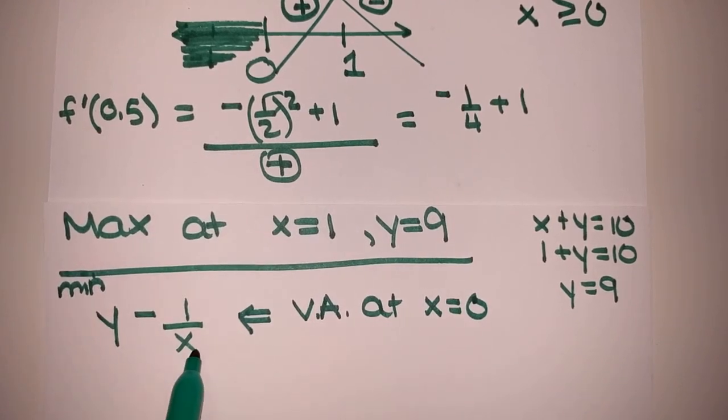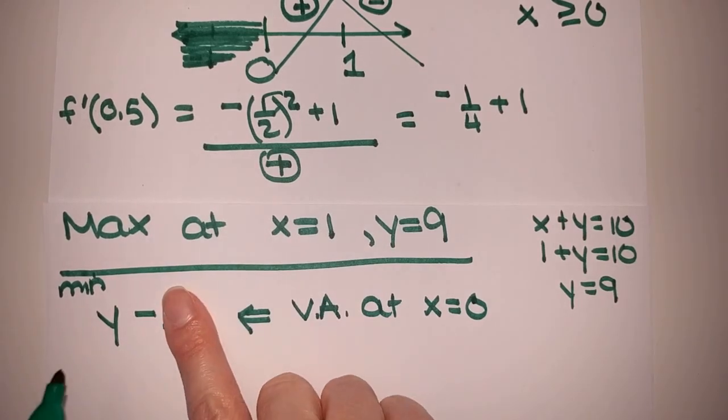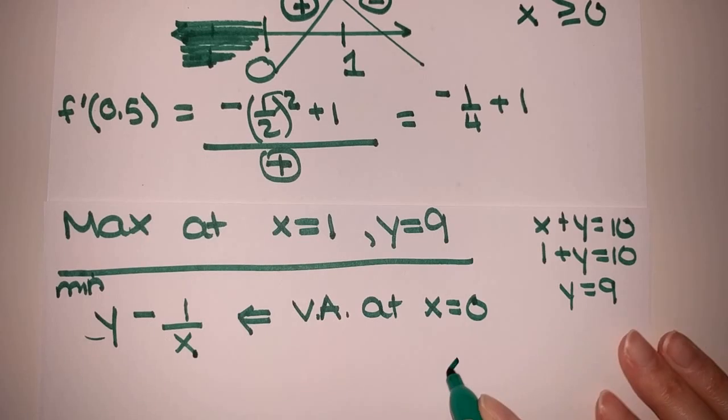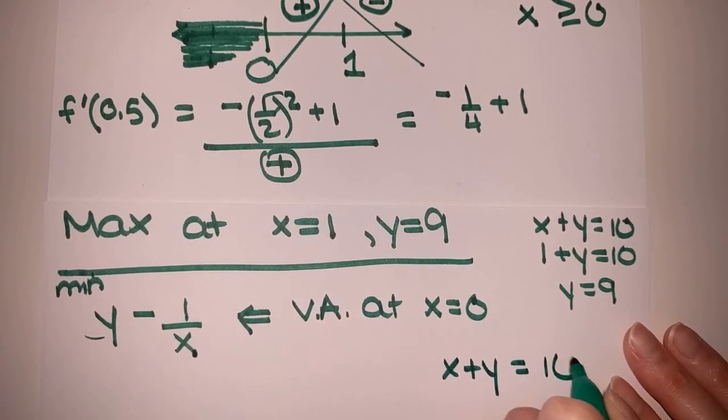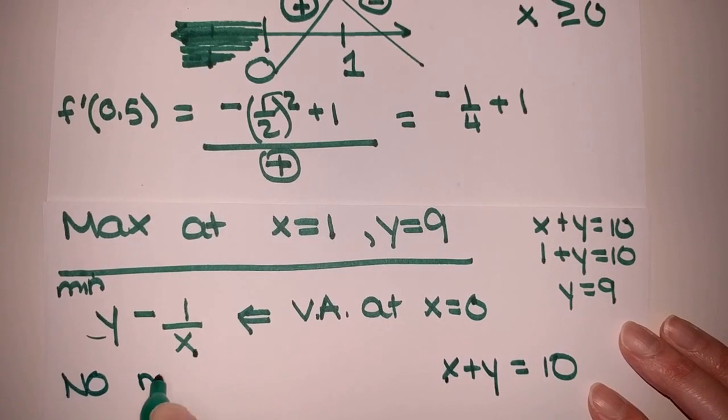So if we had x is equal to 0, this would mean that all of the value would be in y, and then that would potentially minimize it. But we have a vertical asymptote at x is equal to 0, so we're never actually going to hit x is equal to 0. So if you look at this constraint, x plus y is equal to 10, there's not going to be an x is equal to 0 here because you have a vertical asymptote. So you would have to say that there is no minimum for this question, okay?